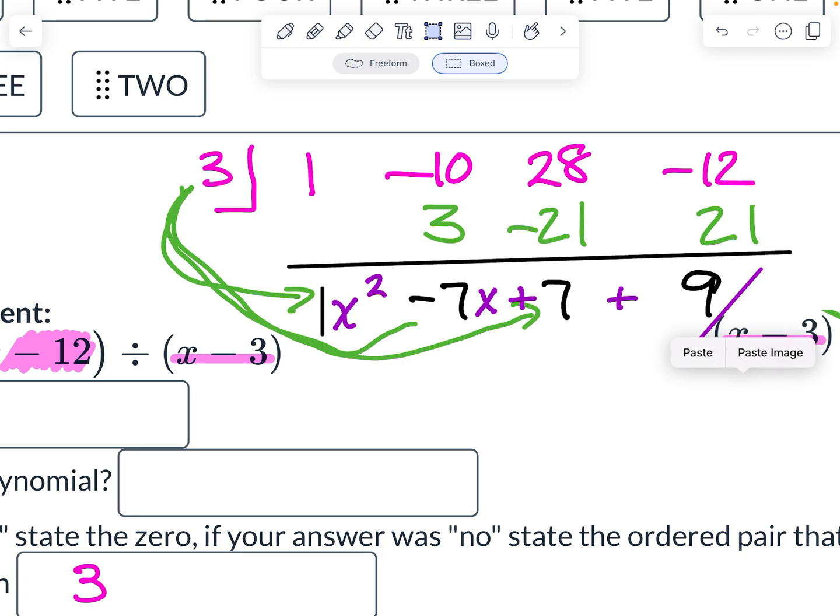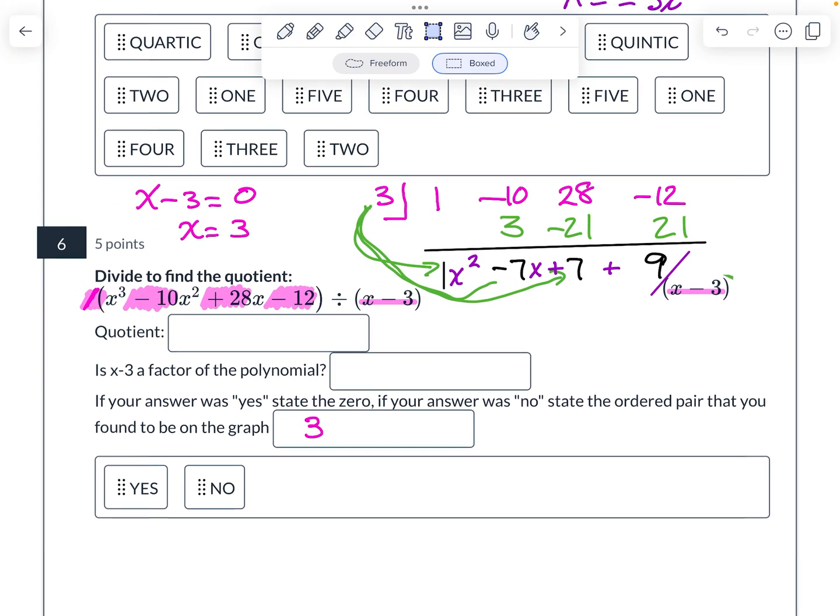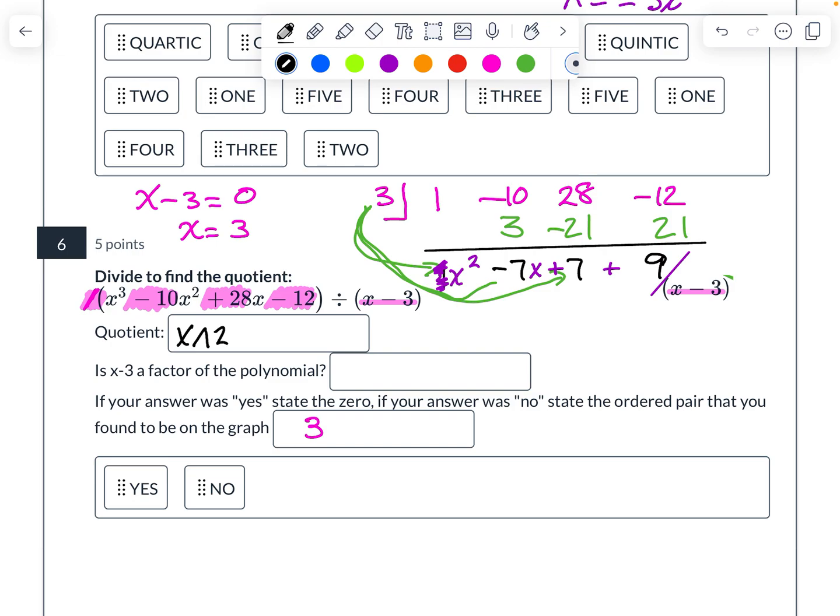So if I have a remainder, this answer is x squared minus 7x plus 7 plus the remainder of 9 with the fraction bar of x minus 3. And that's exactly what I'm going to type into Canvas. I am not typing that 1, because we don't do that in Algebra 2. We've grown past pre-algebra. So we have x raised to the second power minus 7x plus 7 plus 9 being divided by the binomial x minus 3.